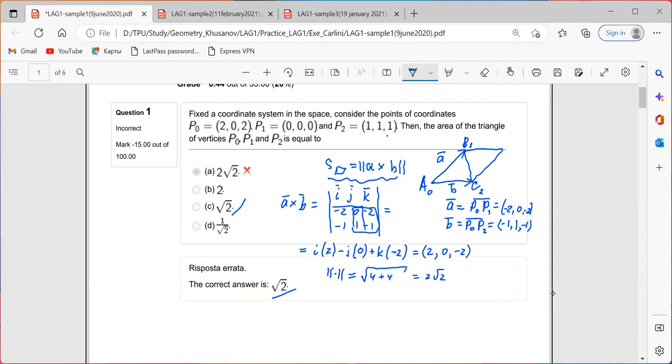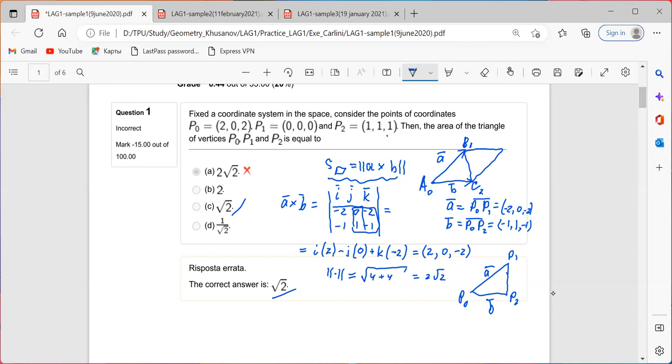So we have points P0, P1, and P2. From these 3 points, we can construct 2 vectors, like here, the A vector and the B vector.